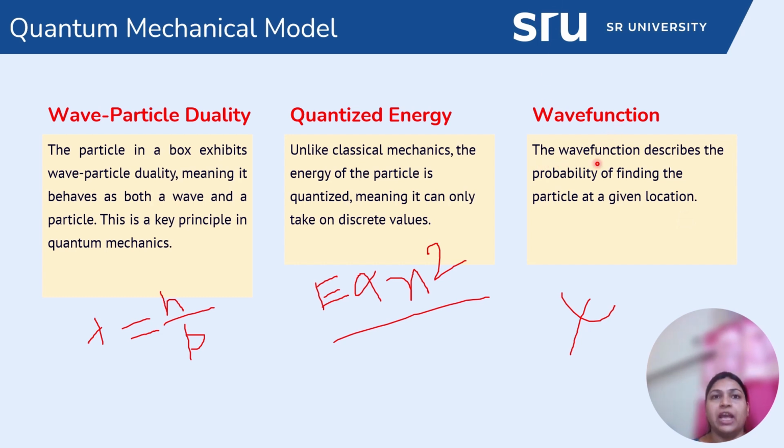The wave function has some specific and unique properties. It must be continuous and single valued. We have discussed this in detail. It must be normalized, that is, the total probability of finding the particle must be 1. The wave function is obtained as the solution of the Schrodinger equation.